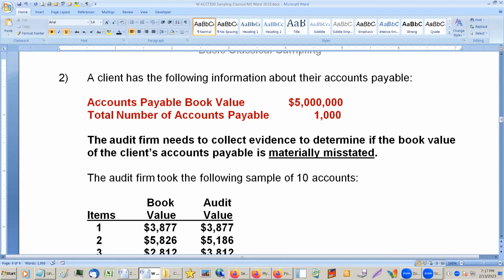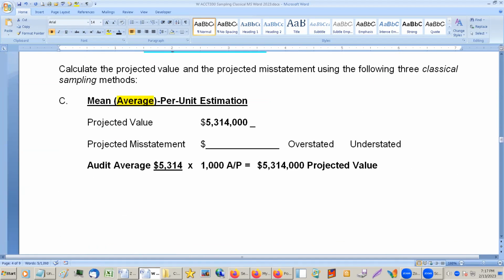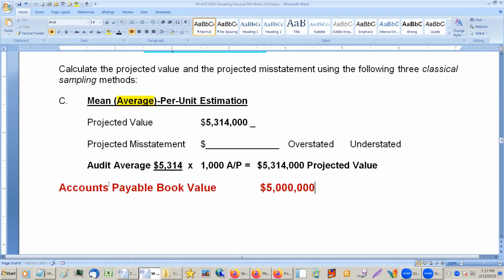Okay, so the accounts payable book value is 5 million. Projected value based on our sample.